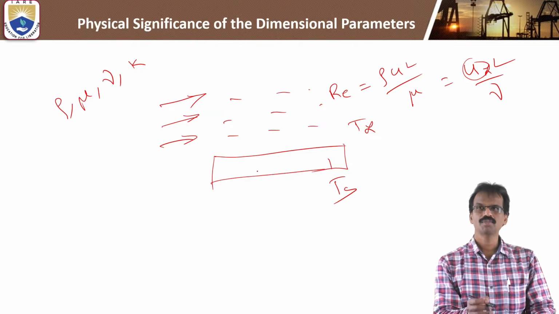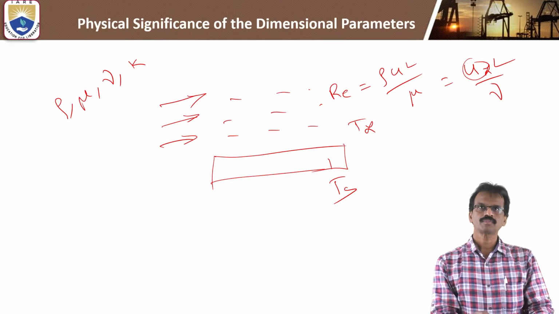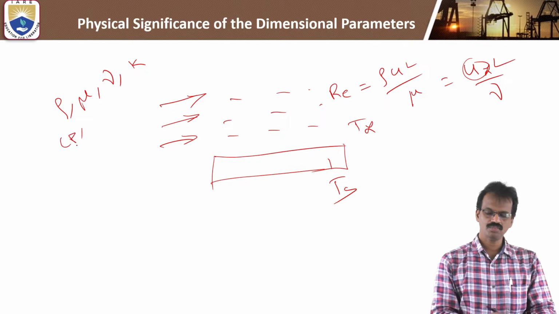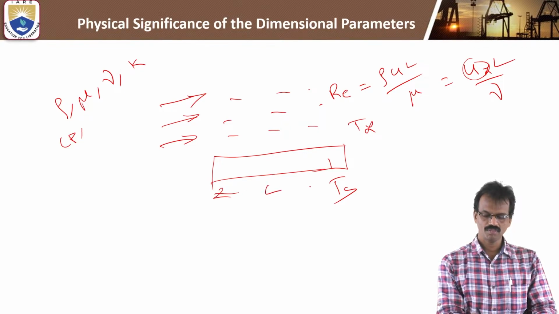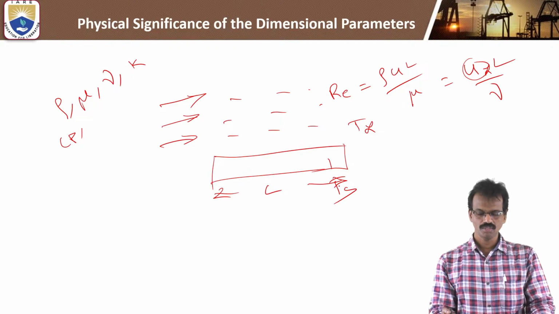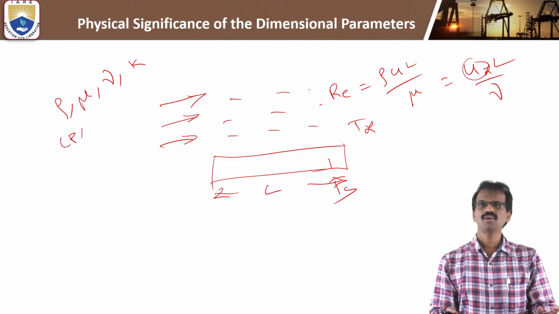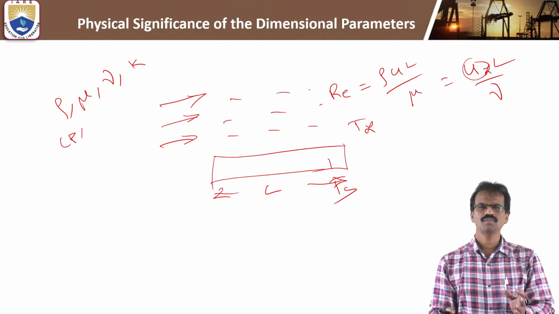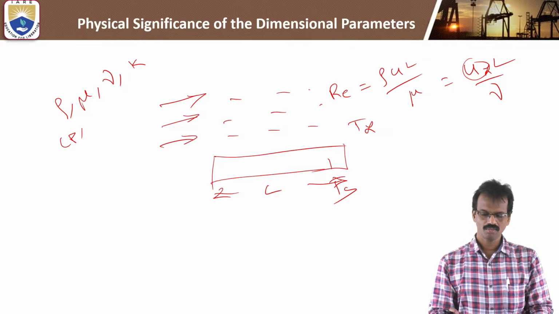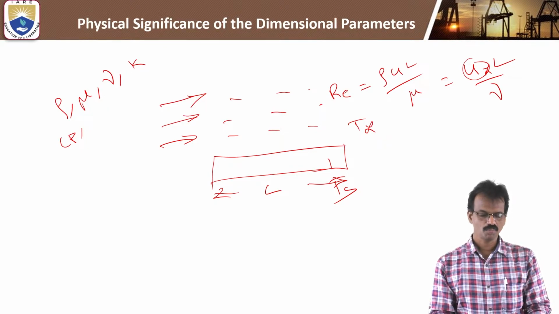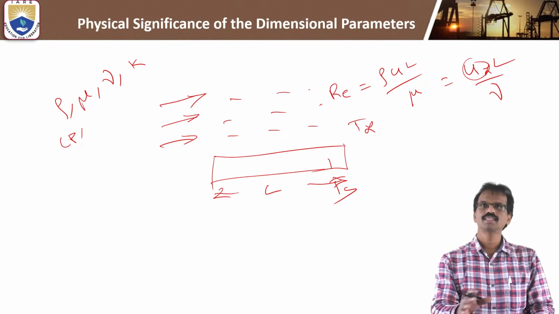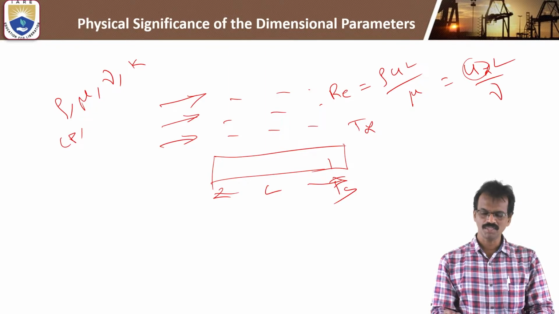The thermal conductivity of the solid is different, and specific heat is also there, and the length of the pipe. So many parameters are there for solving the convection process. The rate of heat transfer through convection also depends upon all these parameters. But it is not possible to study the influence of each and every parameter. Then you have to convert those parameters into dimensionless numbers.